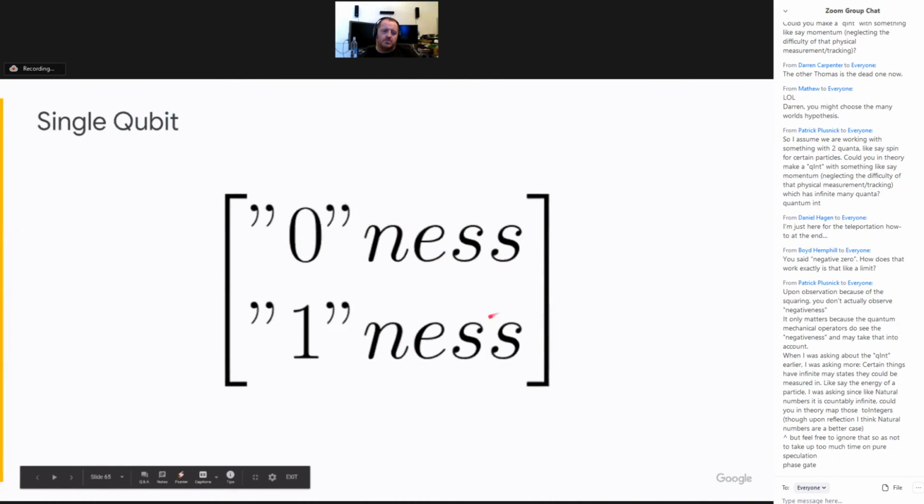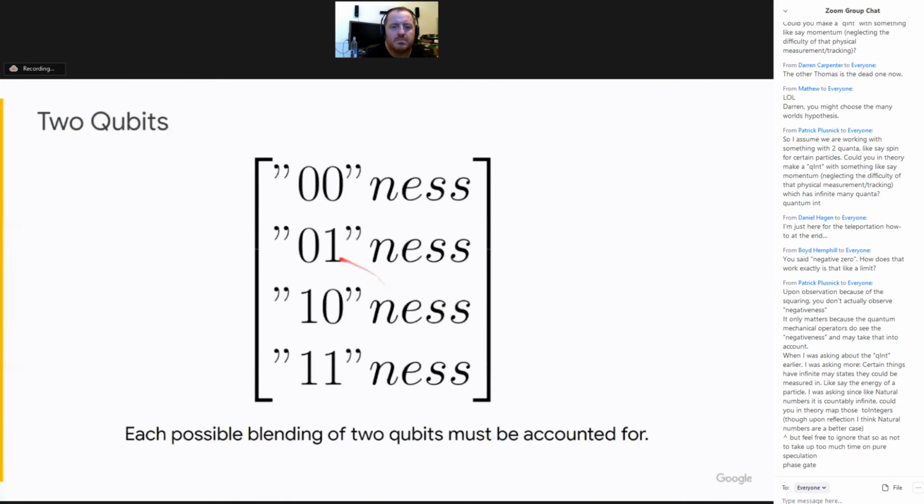So looking at a single qubit, we have two different components to this. It's two-dimensional. It has zeroness, it has oneness. When we have two qubits, we have to think of it as zero zeroness, zero oneness, one zeroness, and one oneness. Each possible blending of these zeronesses and onenesses are represented in the relations between the two qubits.